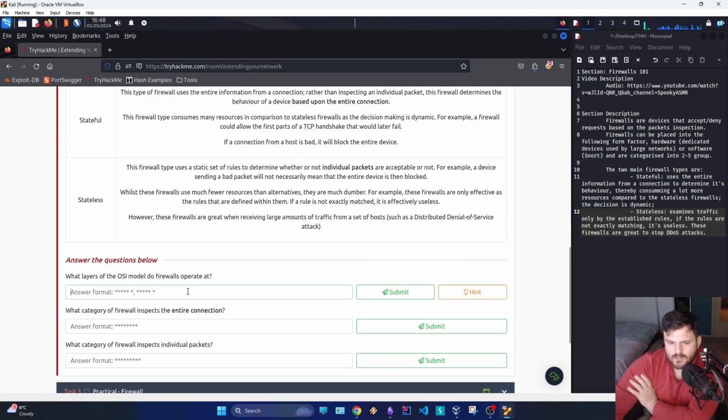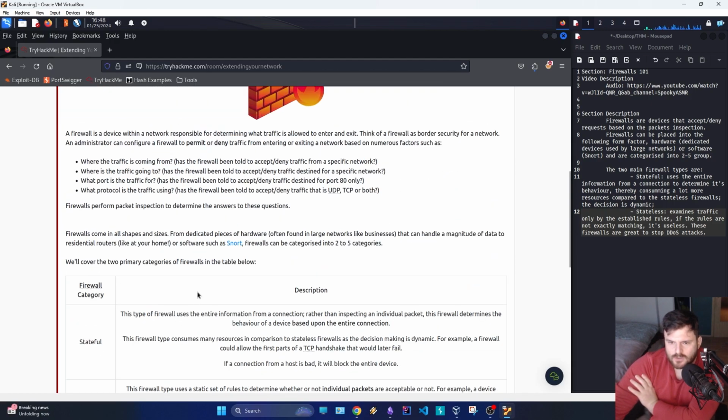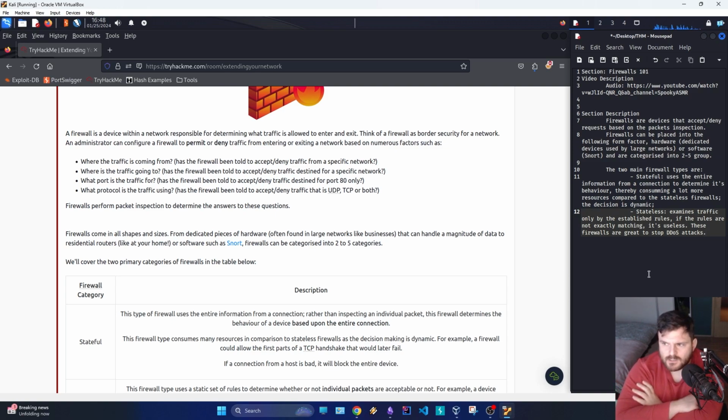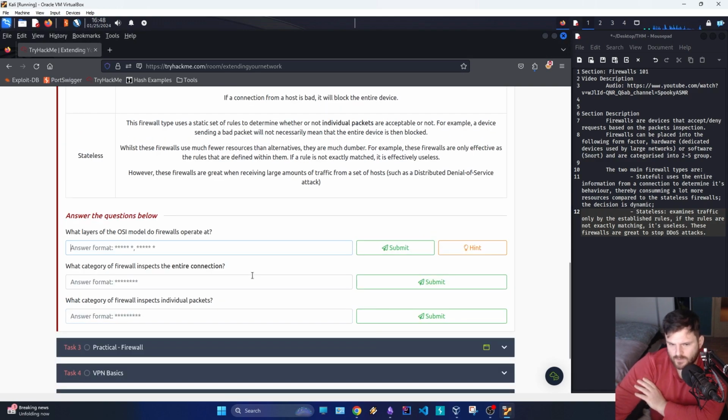What layers of the OSI model do firewalls operate at? You can see there are two options, and also we have hardware and software in our notes here. So it can be at a hardware level or a software layer. If it's at the hardware layer, that is the physical layer. I will say layer 1.